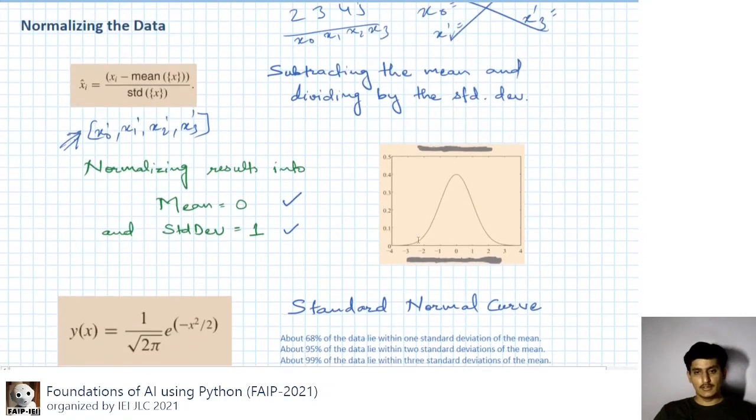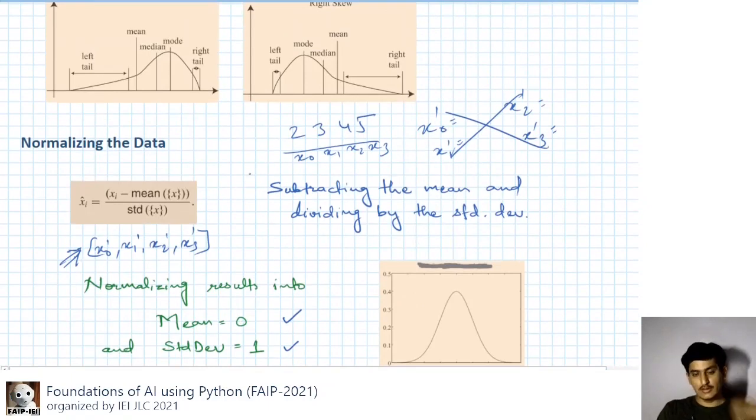Let me give you an example. Let's say we apply a translation to this, where I add 2. Then my data set would be 4, 5, 6, and 7. Here the mean will also be shifted by 2. That is very much true. Since each of the xi's has been shifted by 2, the mean will be shifted by 2 as well.